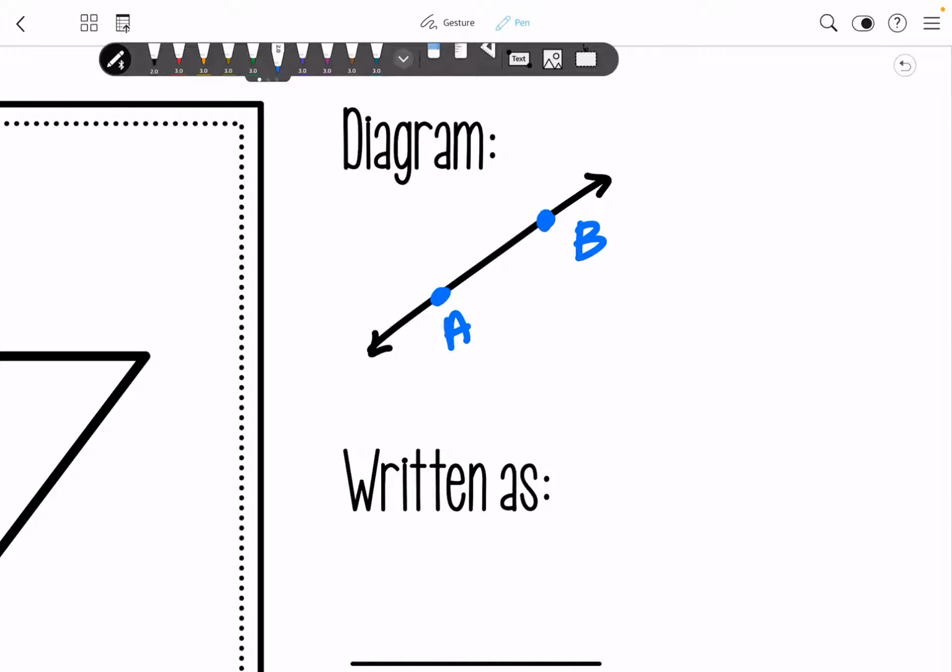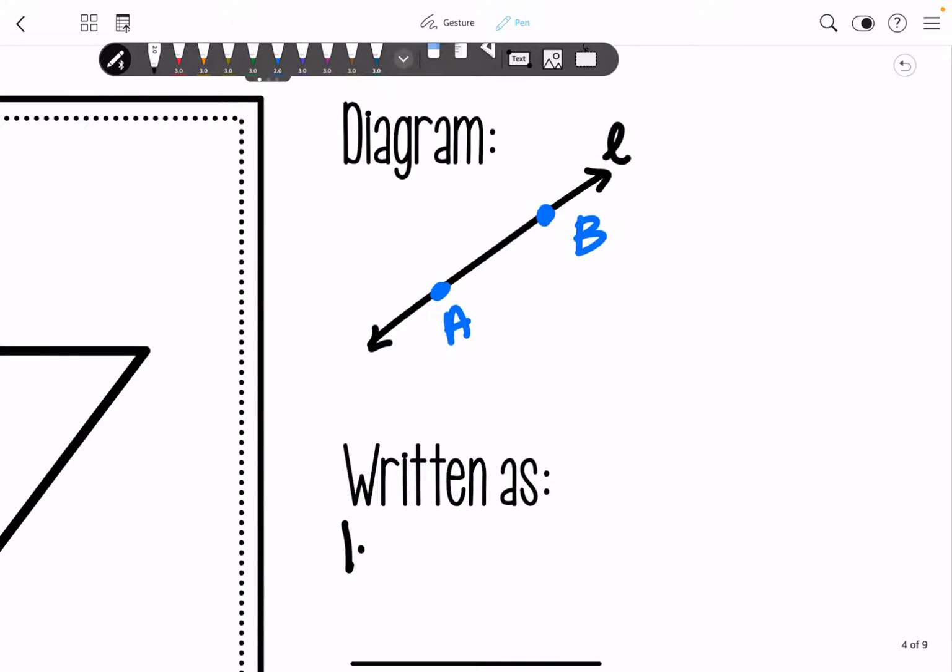When you are labeling it, when you are naming it and writing it out, you can just say line AB, the 2 capital letters, or 2 of the many points that are on that line. You could also do line BA, for example.